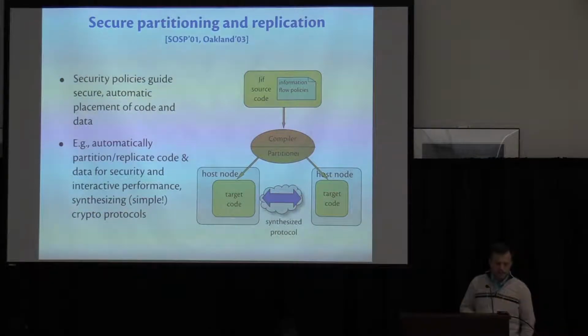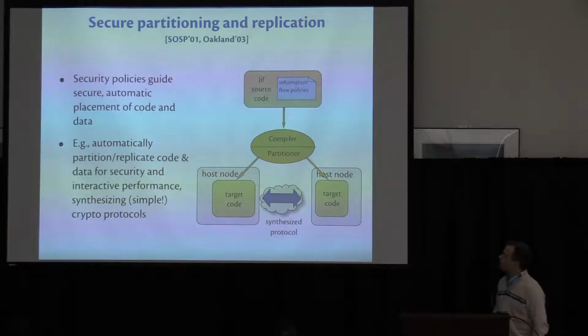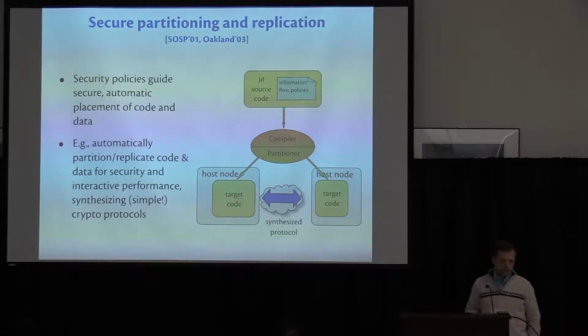Now, the neat thing that we observed in some work that we did actually a long time ago now was that you can use these information flow policies to drive some of the synthesis of distributed systems that implement these things. Actually, I was really tickled a few weeks ago to discover there's a DARPA program based on these papers. So maybe more people will be reading these papers in the future.